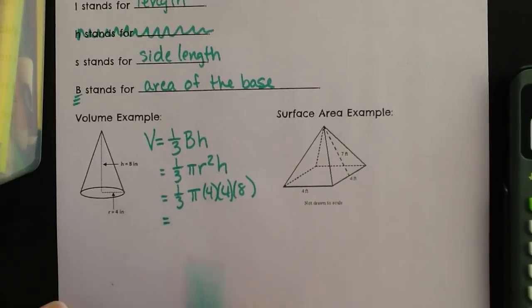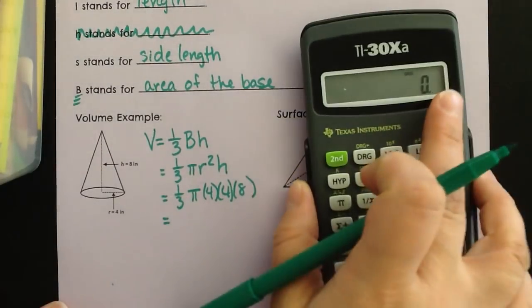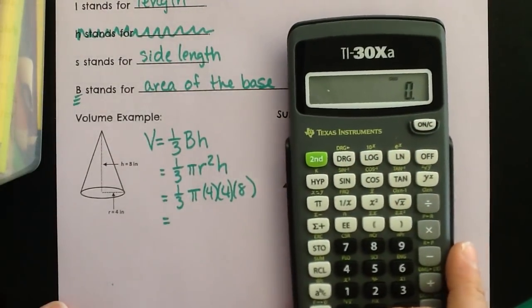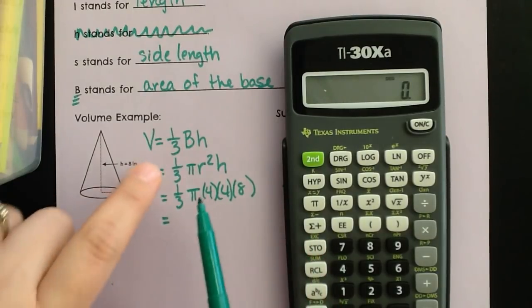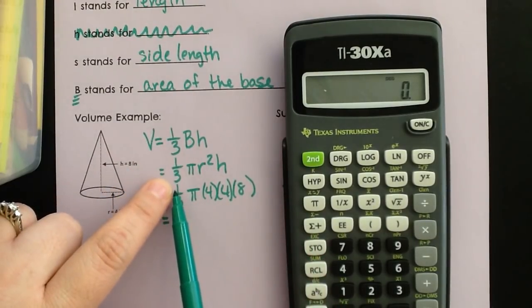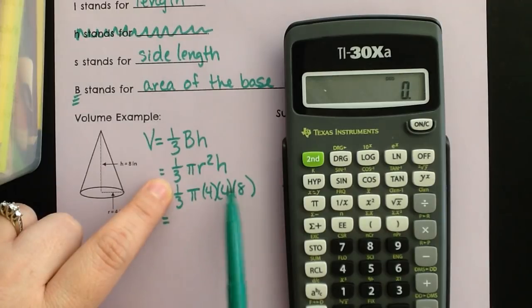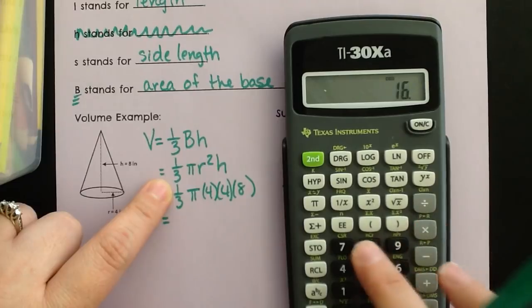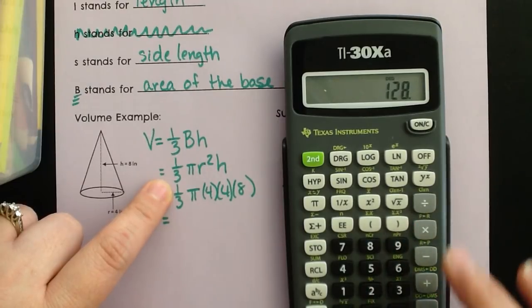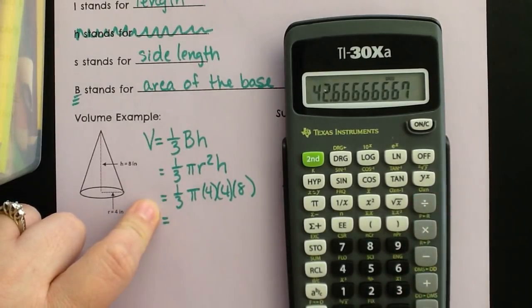So then we're going to go here. Equals. Okay? And you can do this one of two ways. I'm going to show you both ways, and you pick which way you like the best. Okay? So you can take the numerator and multiply it by the numbers. So 1 times 4 times 4 times 8 equals, and then divide it by 3.